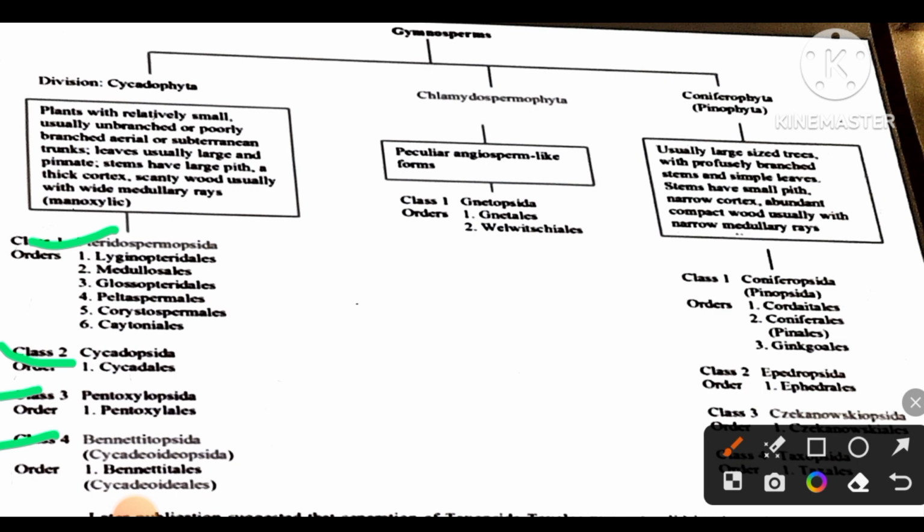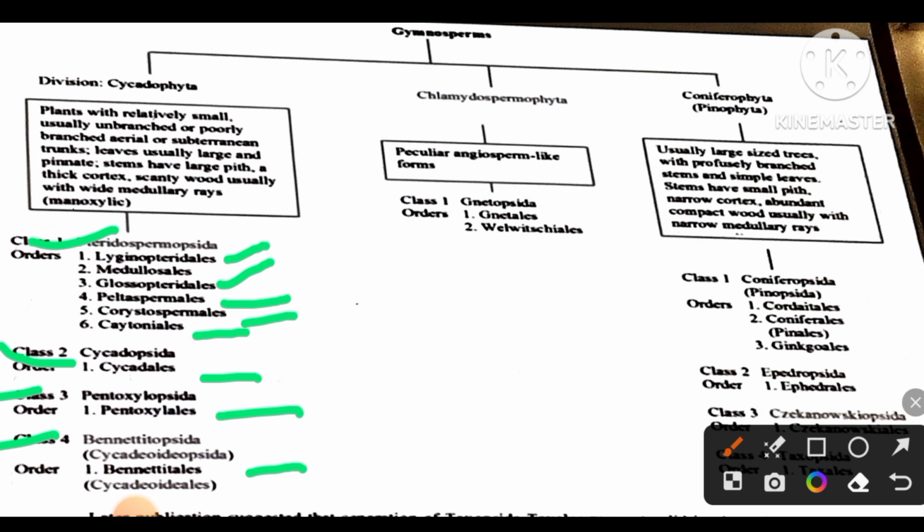The Pteridospermopsida was further divided into six orders, that is the Lyginopteridales, Medullosales, Glossopteridales, Peltaspermales, Corystospermales, and Caytoniales. Cycadopsida has a single order, the Cycadales. Pentoxylopsida has an order named Pentoxylales, and Bennettitopsida, which is also called Cycadeoidopsida, has a single order, the Bennettitales or Cycadeoidales.